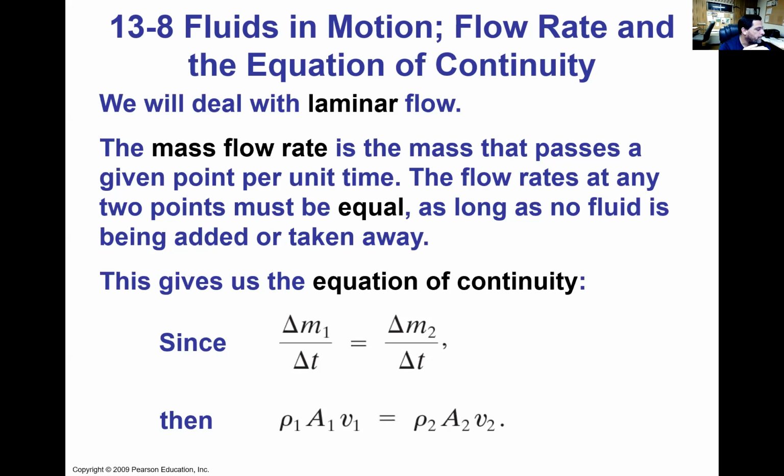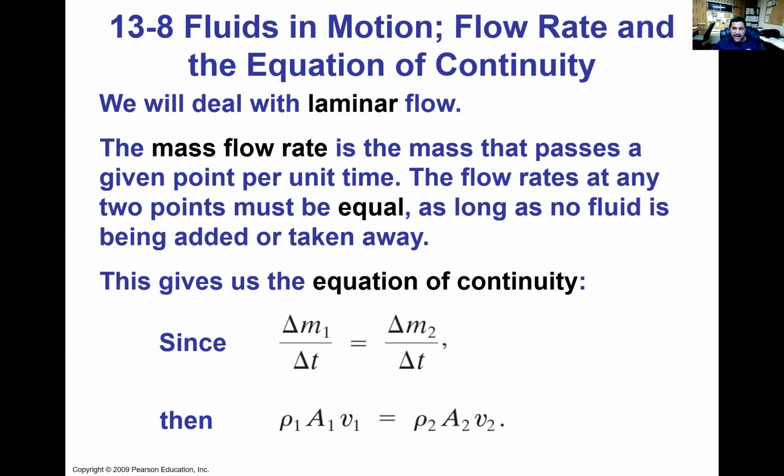So if you want to determine the mass of something, you take the density and multiply it by its volume. If we have an area and a velocity, velocity is some distance per time, so it's some length per time.